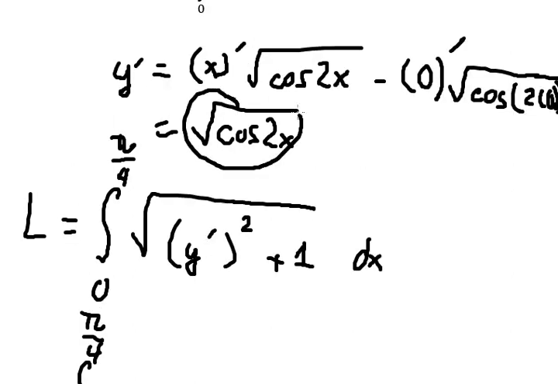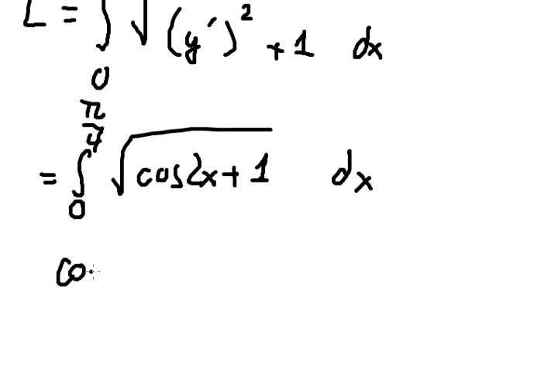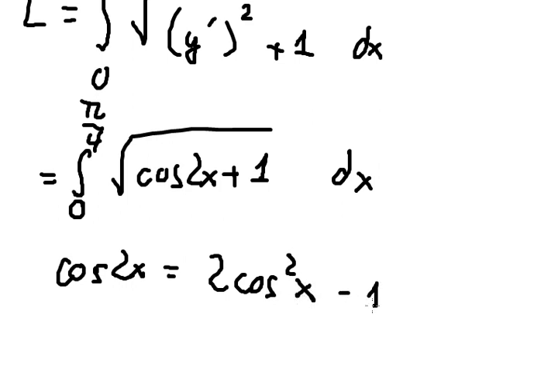So this one, I will put this one here with the power 2, and we have cosine 2s. We know that cosine 2s is 2 cosine s squared minus number 1.